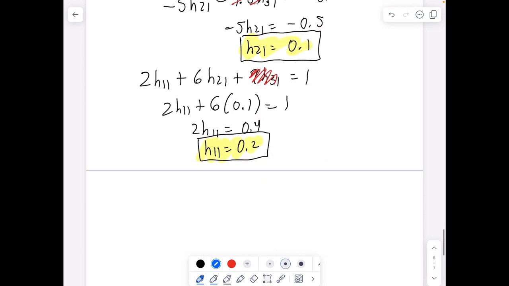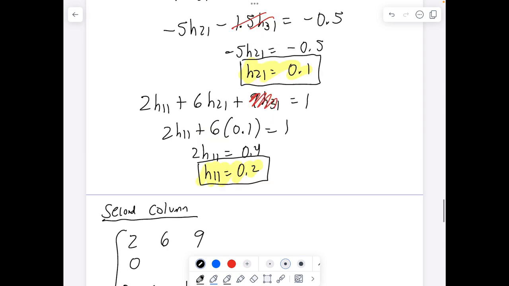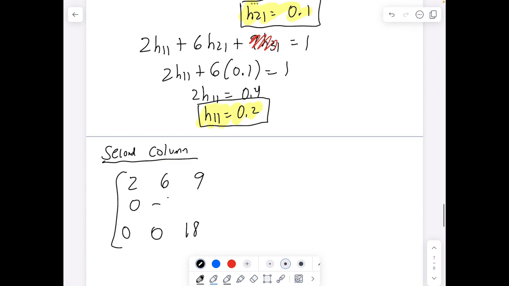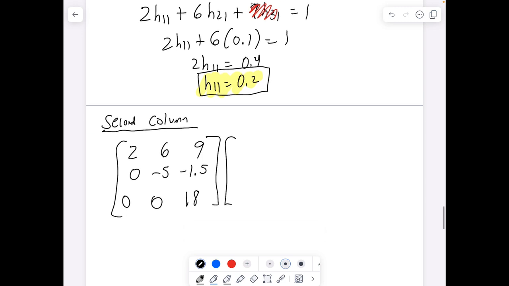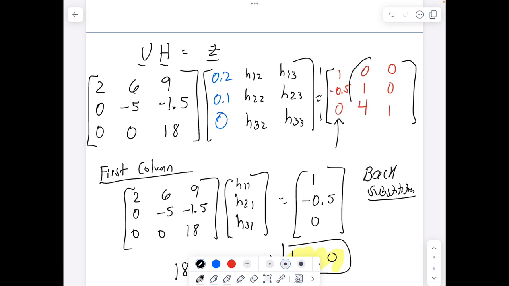All right, second column. We have the same U. 2, 6, 9, 0, -5, -1.5, 0, 0, 18. Now we'll multiply by the second column of H, which is H12, H22, H32. That has to equal the second column of our Z matrix, which if we come back up, that's 0, 1, 4.